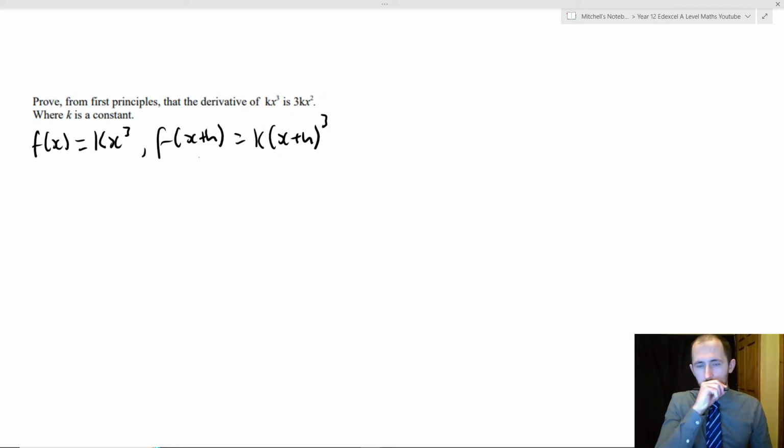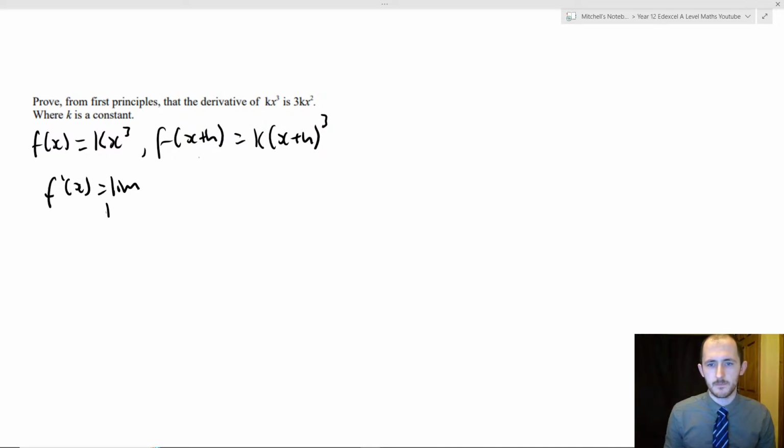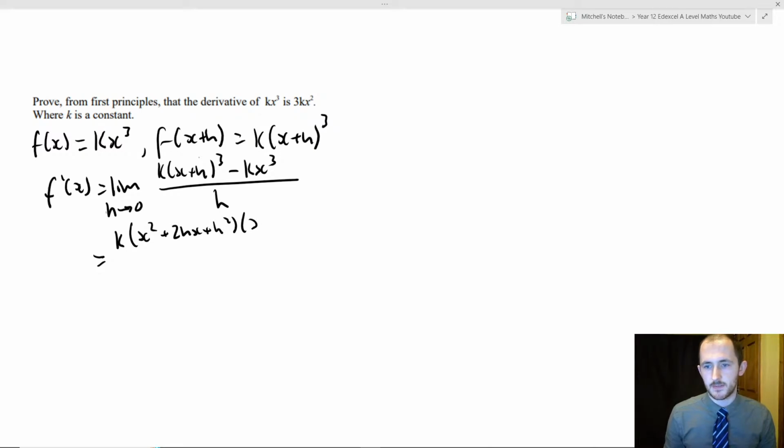So once again, f prime of x is the limit as h tends to zero of k times (x plus h) cubed minus kx cubed over h. So that equals, once again, we're going to have to do this fun business. We have x squared plus 2hx plus h squared, and there's still an x plus h on the end of that, minus kx cubed.